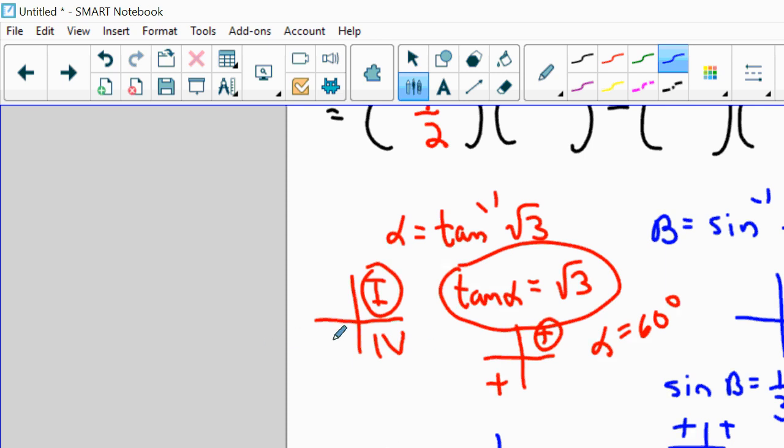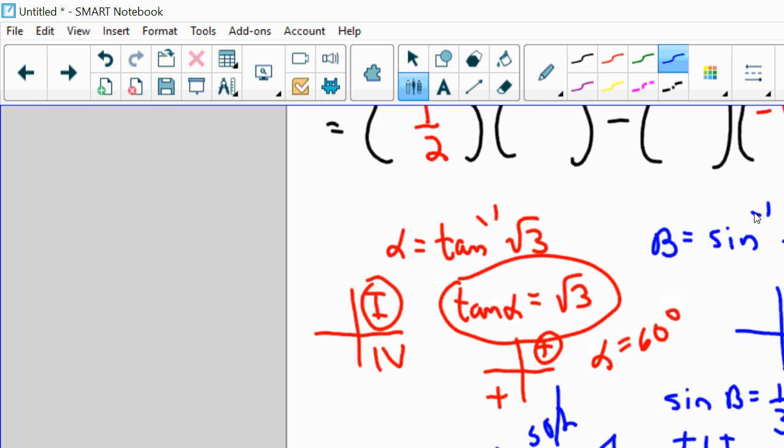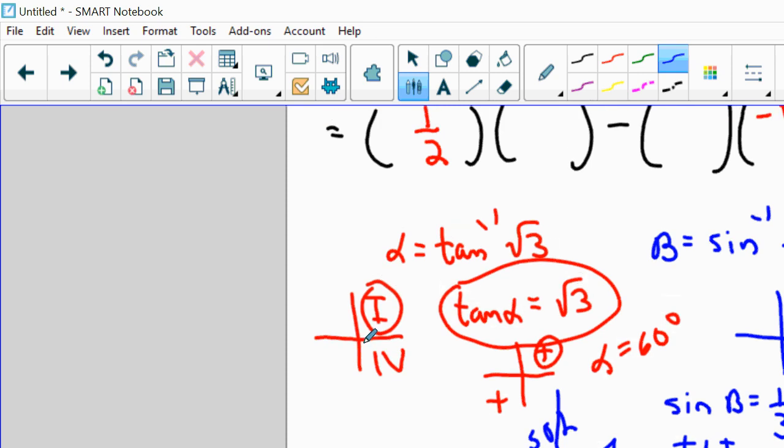So we draw a triangle in the first where this is beta, and you say so: 1, 3, 9 minus 1, square root of 8, 2 radical 2. Therefore, when you ask for sine beta, it's 1 over 2 radical 2.